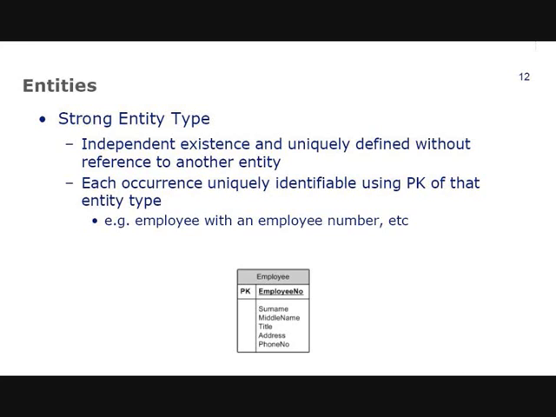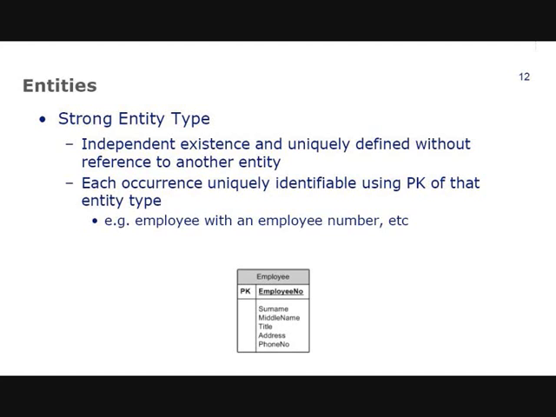We can differentiate two types of entities: strong entities and weak entities. The difference is that strong entities have their own independent existence. They don't refer to other entities for their existence. So they are uniquely identifiable without reference to any other entity.